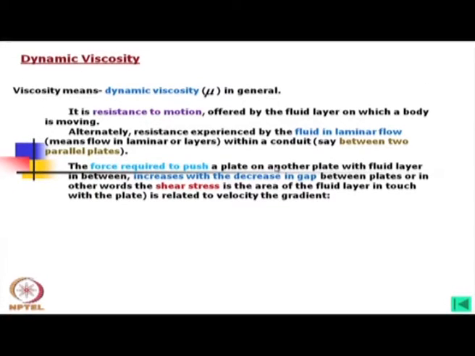The force required to push a plate over another plate with a fluid layer in between increases with the decrease in gap between the plates. In other words, the shear stress is related to the area of the fluid layer in touch with the plate and to the viscosity gradient.